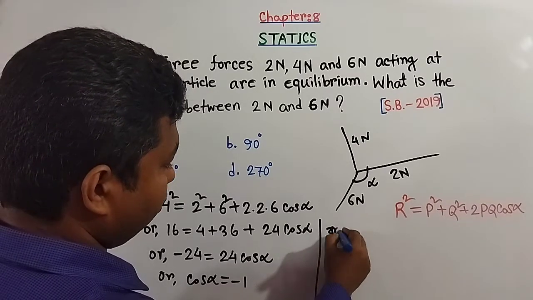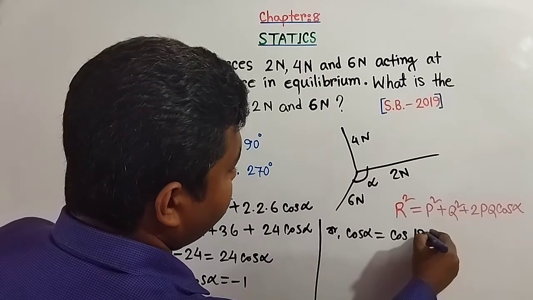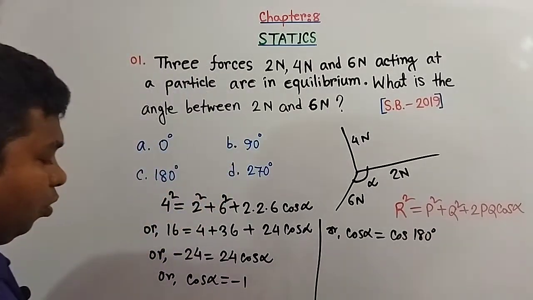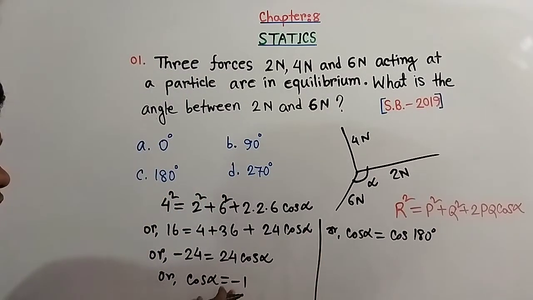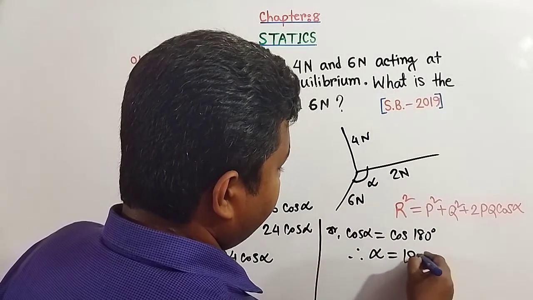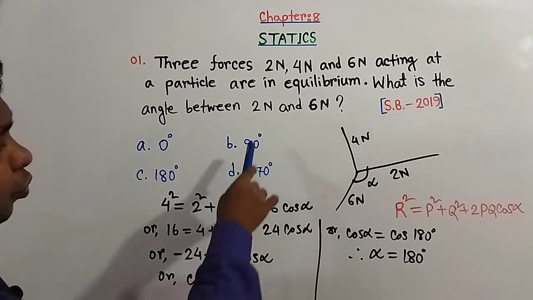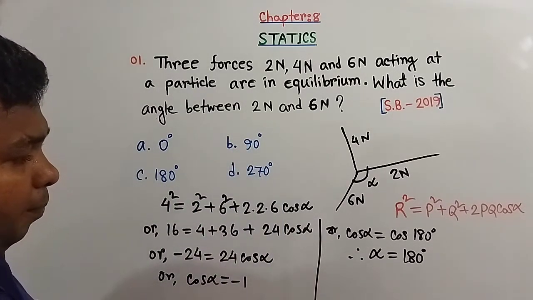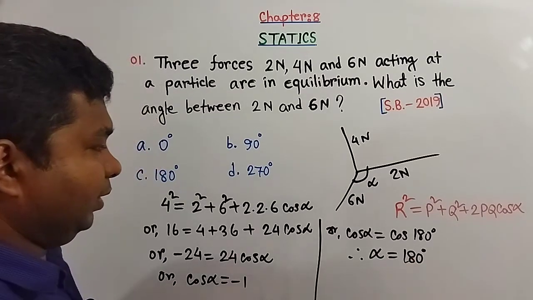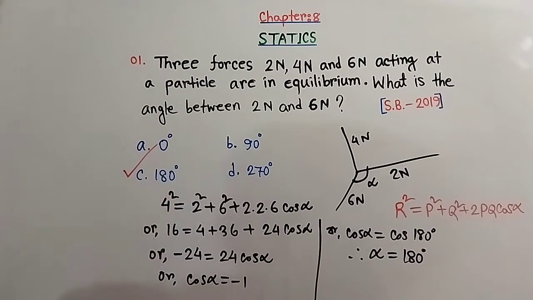Therefore, cos alpha equal to cos 180 degree. Since we know cos 180 degree equal to minus 1, therefore alpha equal to 180 degree. So, the angle between 2 Newton and 6 Newton must be 180 degree. Therefore, the required answer is option C, that is 180 degree.